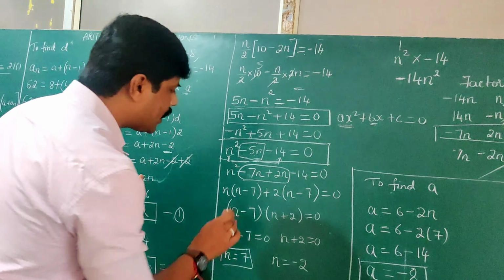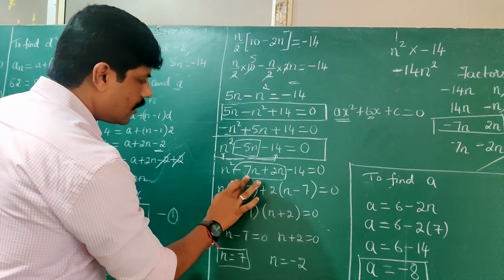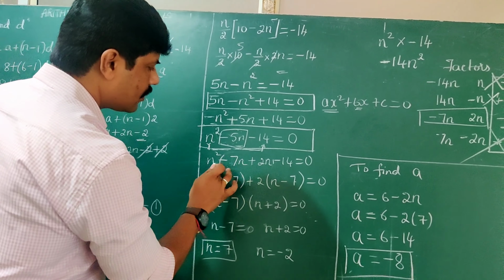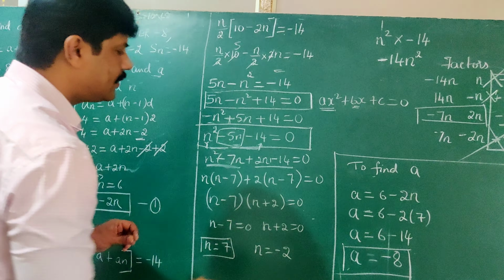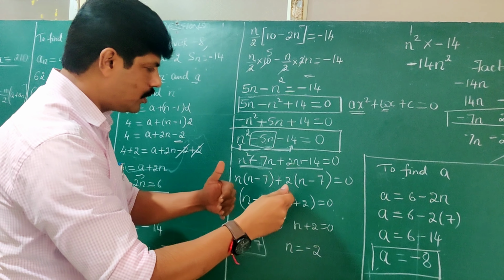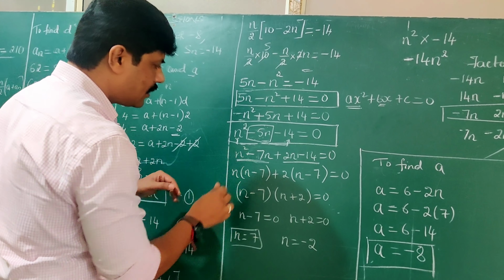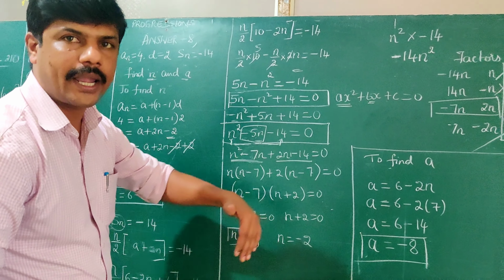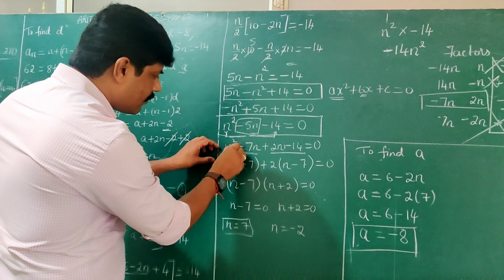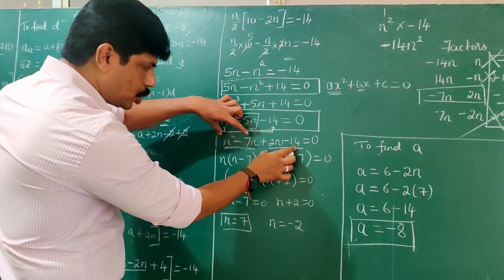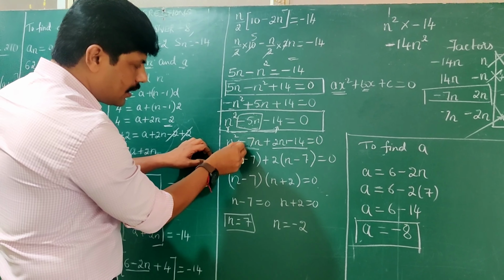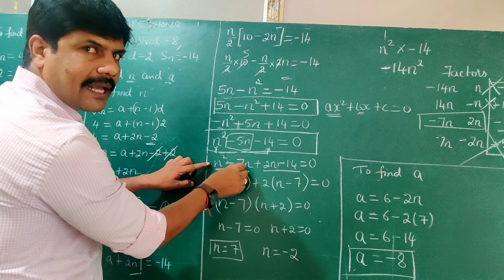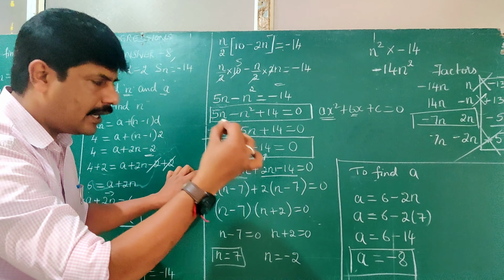Okay. Now you can see that we divide the equation into two groups so that you will find some common factor. Okay, we will remove that common factor. I have made the whole equation into two groups, n square minus 7n, where n is common. N square is nothing but n into n.